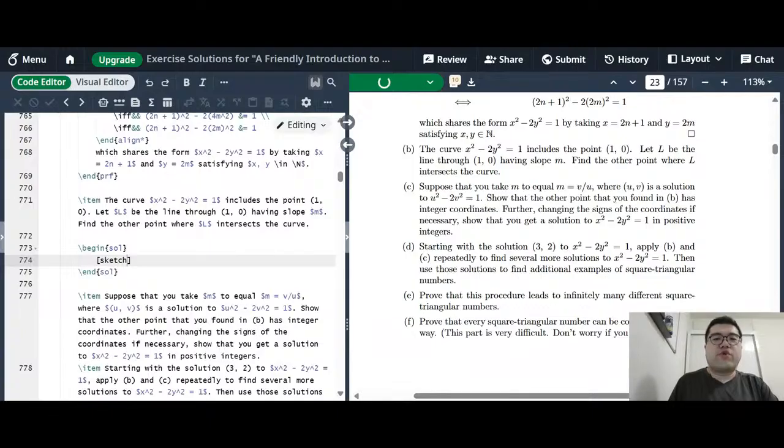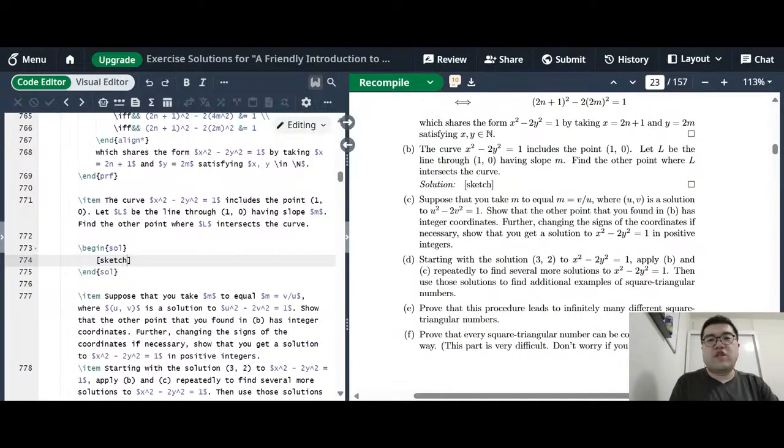Recall that a line or linear equation on the 2D plane, the xy plane, can be written in slope form: y equals mx plus b. Okay, so we have the form y equals mx plus b.